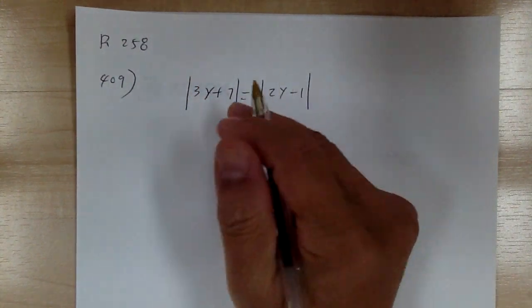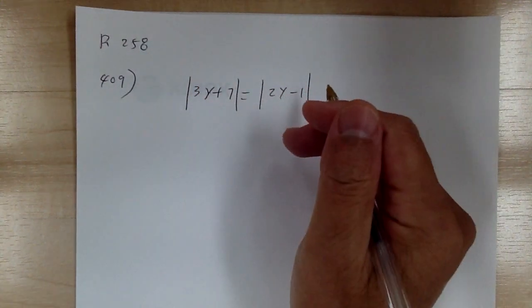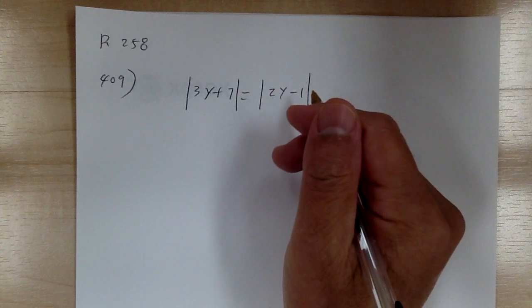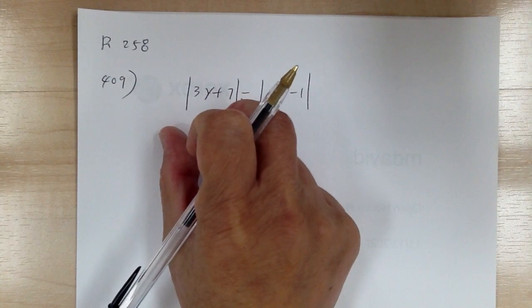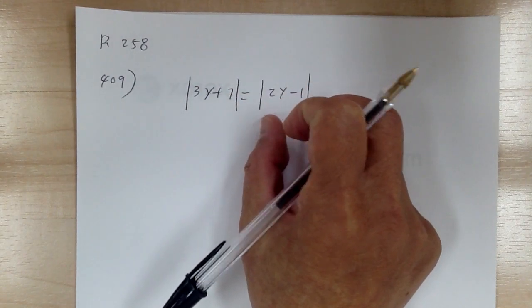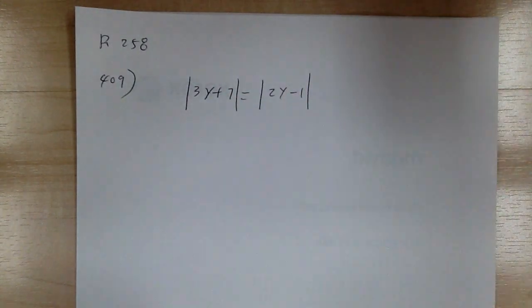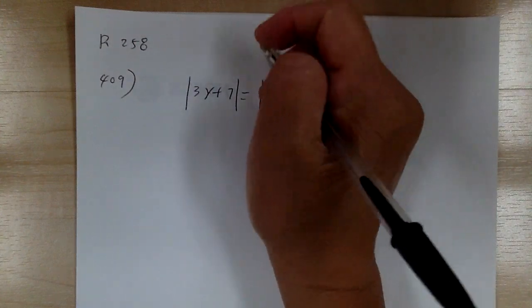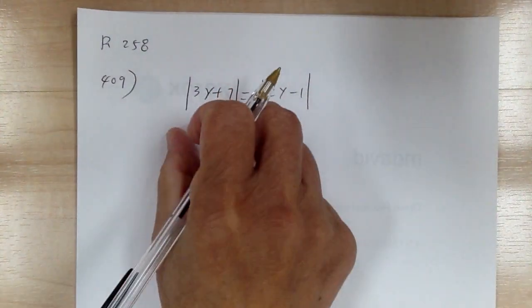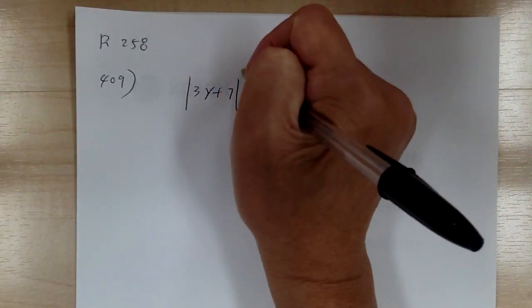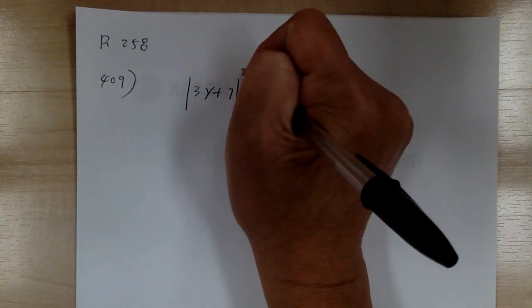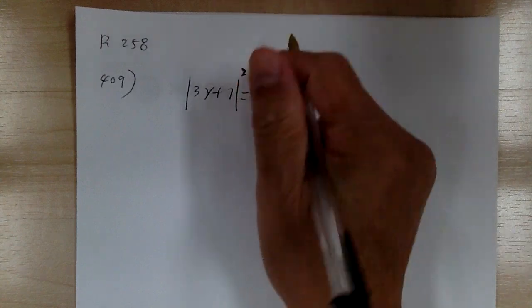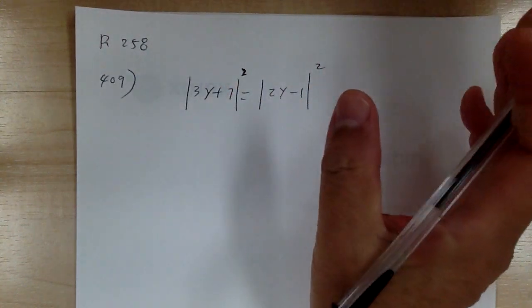Now when you have an absolute value equal to an absolute value, we can just square both sides. You only do that if you have an absolute value equal to an absolute value. If you have something else, when you square, it's going to become messy. So in this case, you have one absolute value here, one absolute value there, so this is an example where you can square both sides. When you square both sides, the absolute value will be gone.